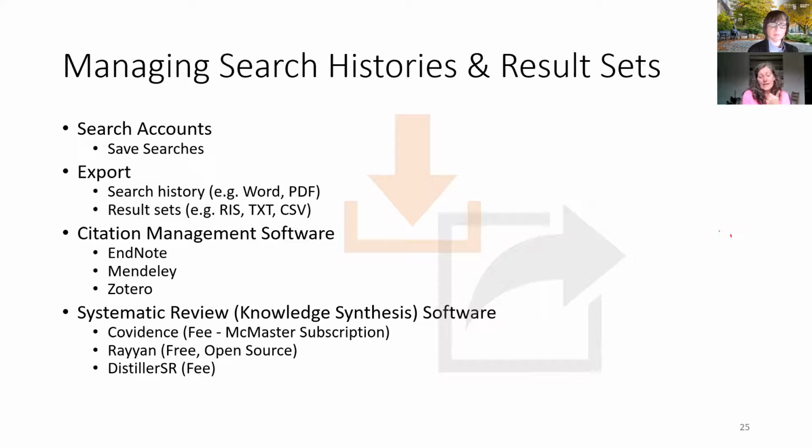It allows you to save your searches, it allows you to combine your searches, and it allows you to set search alerts so that the database will do the search for you and send you the new results. It's beautiful. Everybody should do that, regardless of whether you're doing a systematic review. Set up these accounts and use them, especially the search alerts. But it does allow you to combine your searches.